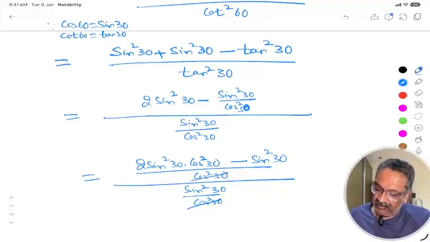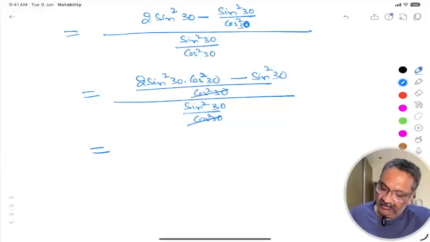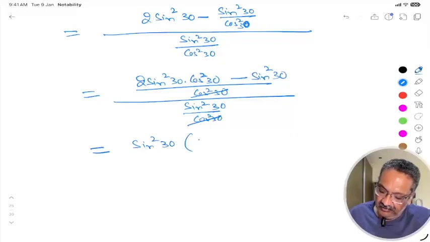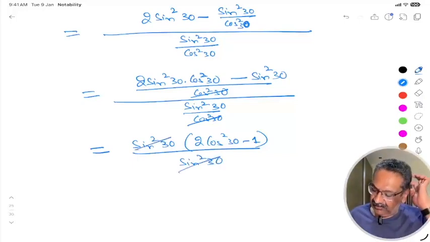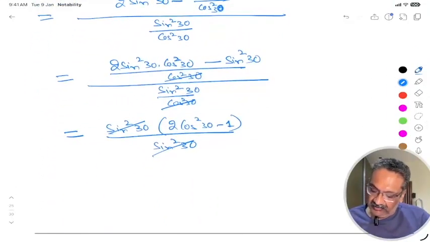Cos square 30 gets cancelled, so I am left with 2 sin square 30 cos square 30 minus sin square 30. I will take sin square 30 as common, 2 cos square 30 minus 1 divided by sin square 30. This gets cancelled. I get 2 cos square 30 minus 1.